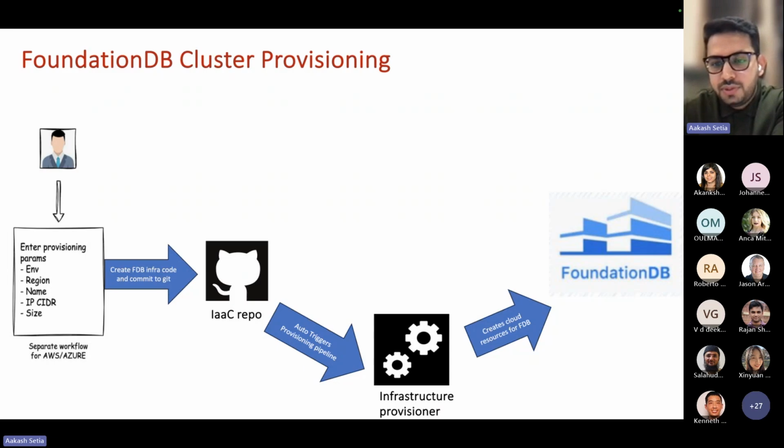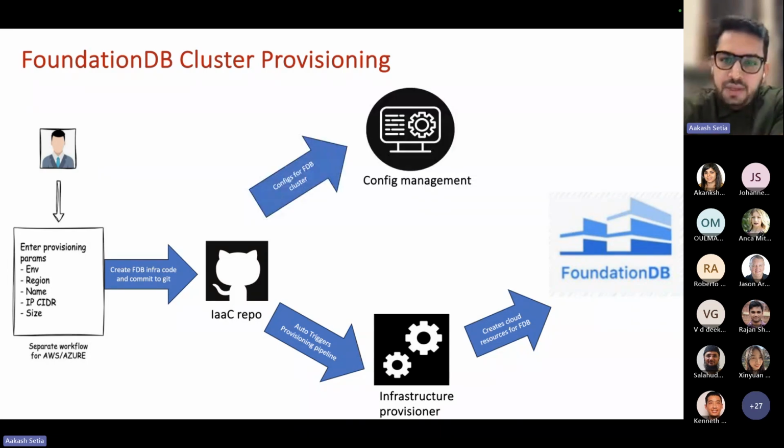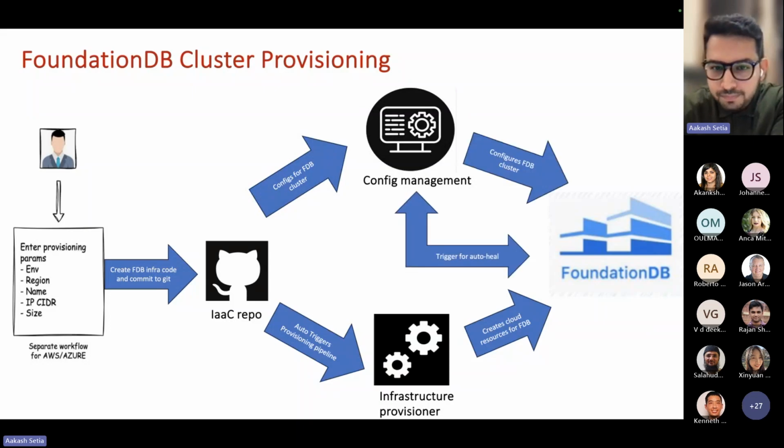Once the cloud resources are up, we have proper config management in place, which configures our virtual machines to create a FoundationDB cluster up and running. And this config management also helps us to auto heal if in case a node goes down, or if there is any issue in the cluster. So this is the provisioning process.